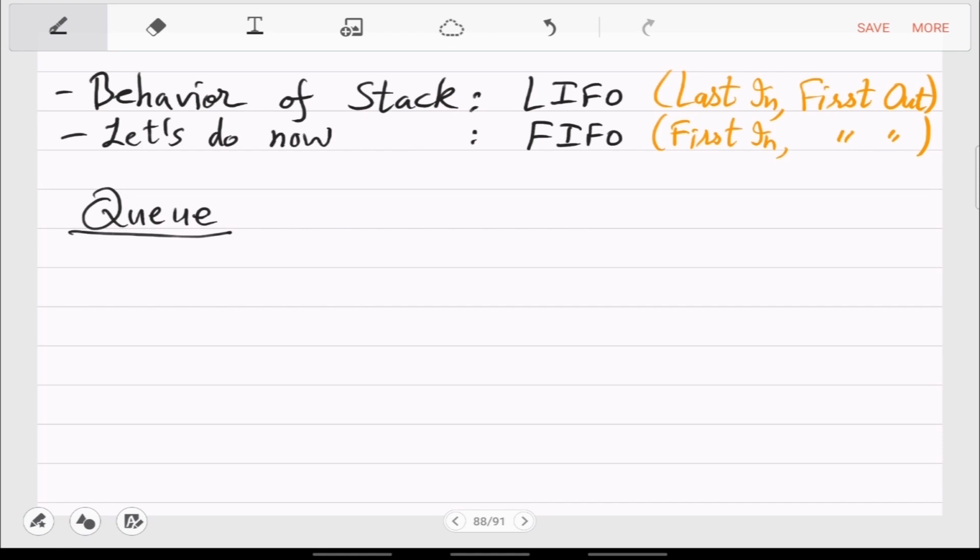So queue, now necessarily you will need both the ends. So now we'll call it front, which we were calling top in the stack. So there will be a front and there will be a rear of the data structure.